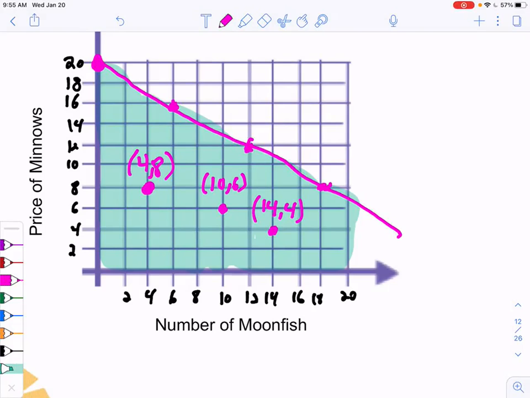Chase, what does that 4, 8 mean? Yeah, you could do 4 moonfish and 8 minnows. That's one possibility. Another one, you could get 10 moonfish and 6 minnows, or you get 14 moonfish and 4 minnows. And any point in here you pick out is going to be a solution. Ton of fish for $60.